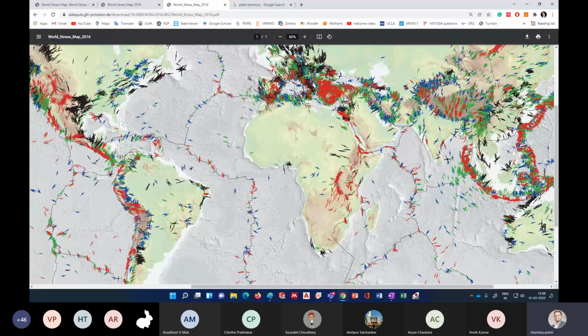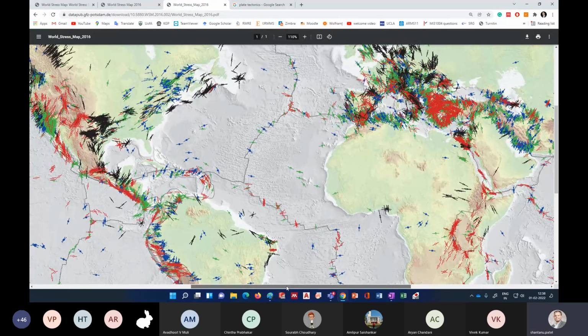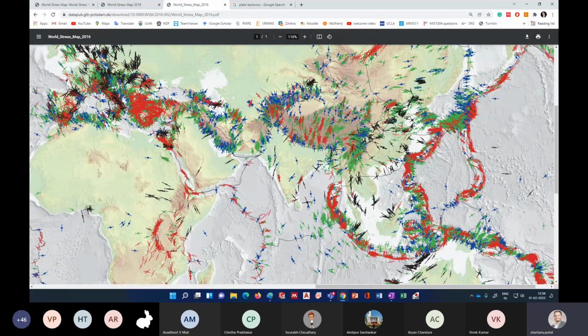See, this clearly shows that near the plate boundary you have a huge amount of stress. Let's go close to some place here in India.